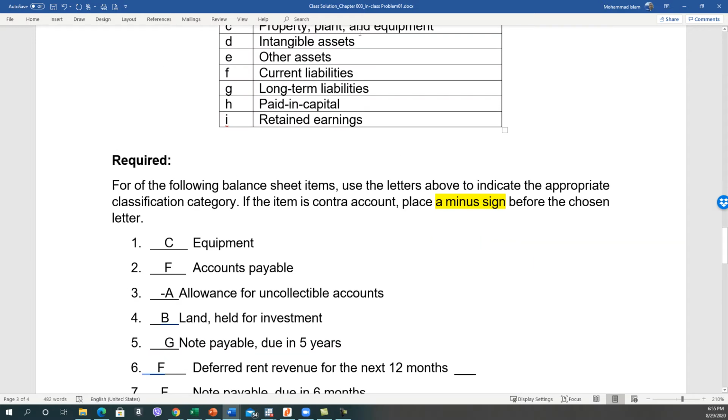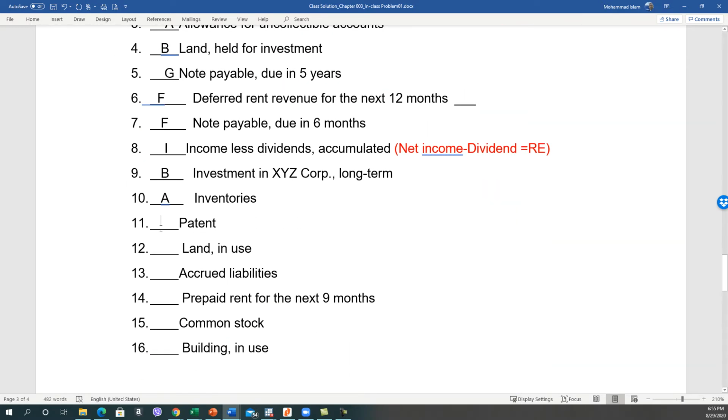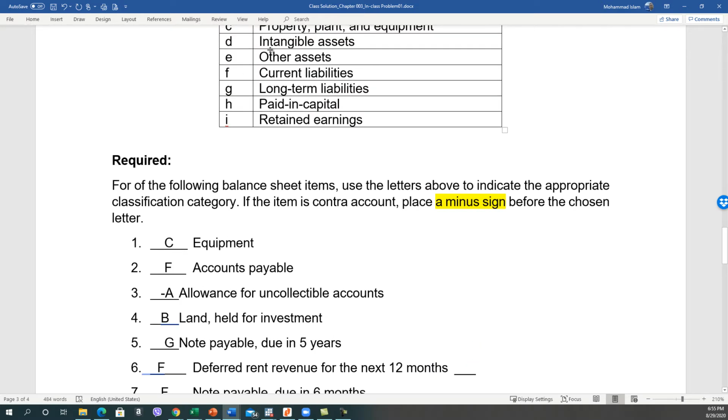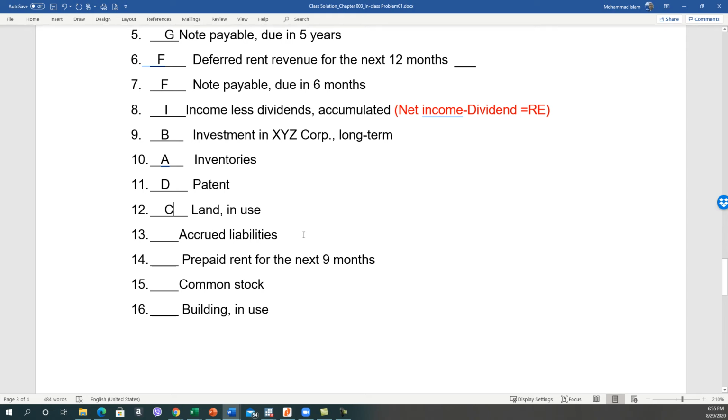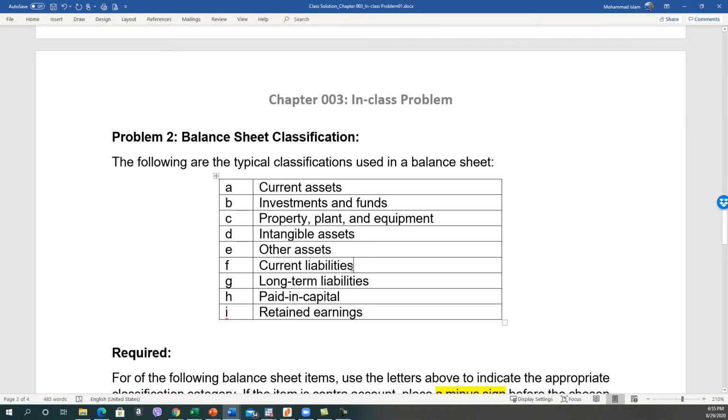Patent would be intangible assets. It's a D. Then land in use. Land in use is going to be a C, that is property, plant and equipment. And accrued liabilities. So it's going to be an F, that is current liabilities.